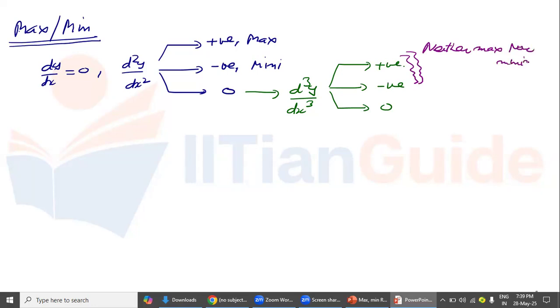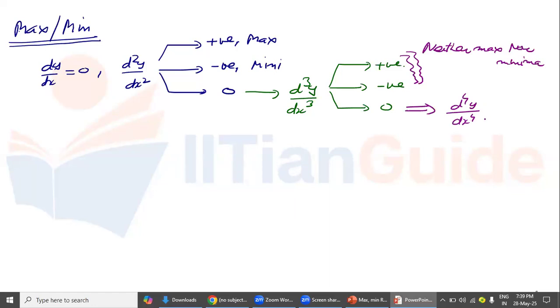Just write it. In case the third derivative comes 0, then we can decide whether it is a maximum or minima. So what I do, I will calculate the fourth derivative. We need not go up to here. You will never need it; a question will never be asked where you have to calculate the third or fourth derivative.